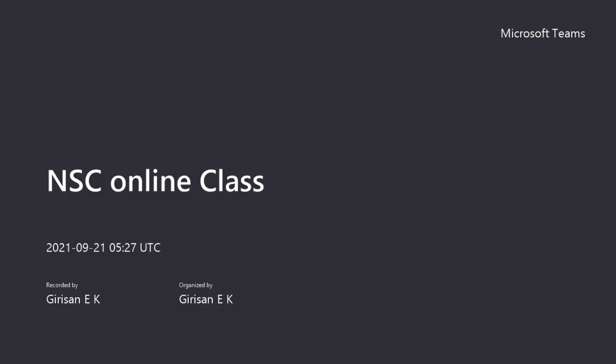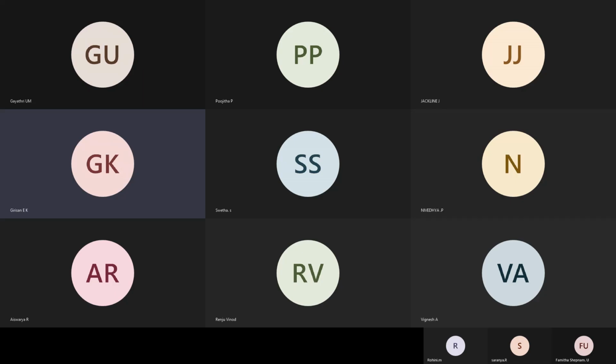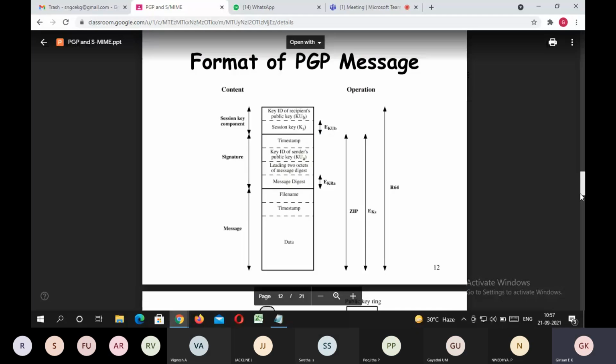The PGP message means it is an email message. So it has certain contents in it. What are the contents? We have the session key component. The key that is used for a particular session, termed KS, will be a part of the format of the PGP message.